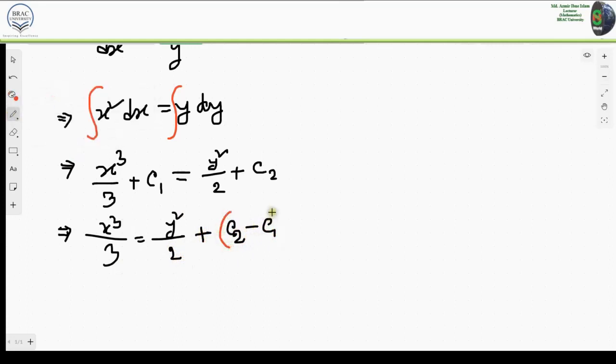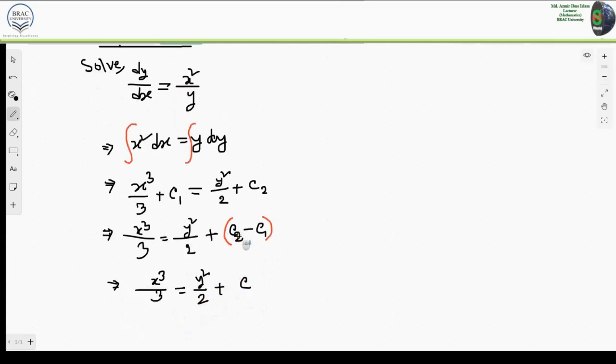Now c2 minus c1 is another constant, so instead of writing c2 minus c1, we can write only c. So that is x cubed by 3 equal to y squared by 2 plus c.